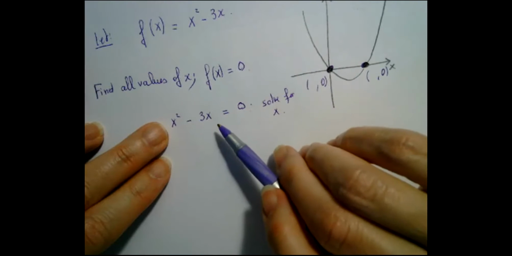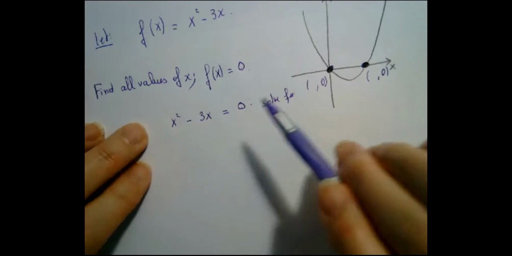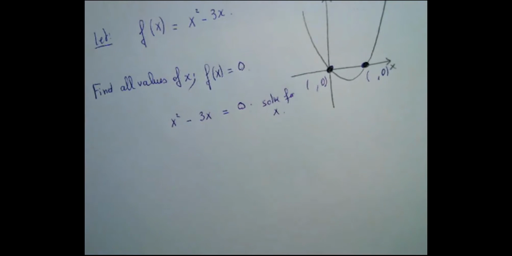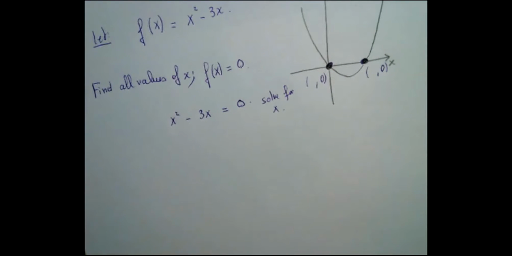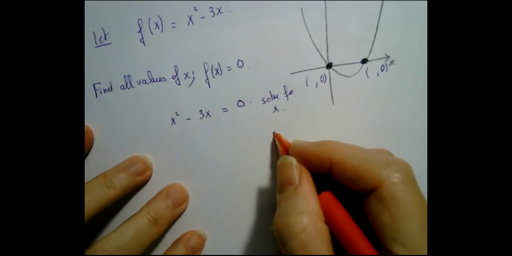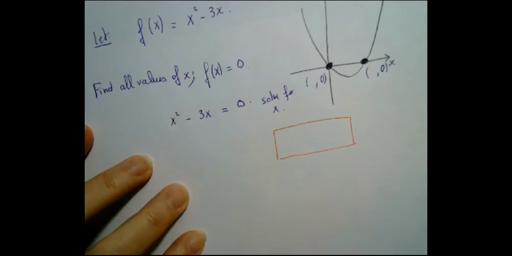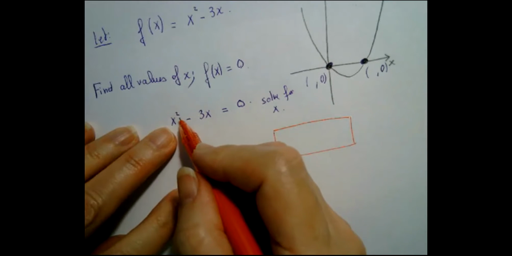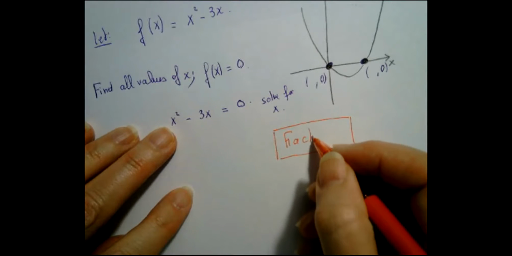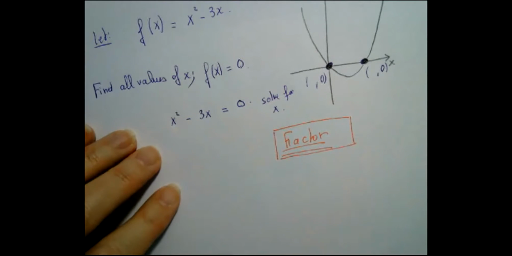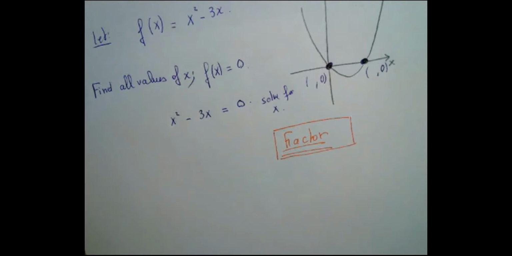It's not just x anymore. How do we solve when we have an equation like this? Anybody? There is a keyword. Whenever you have a square and x, the keyword is to factor.